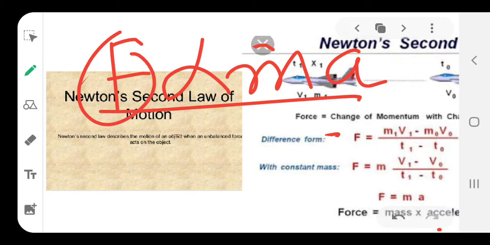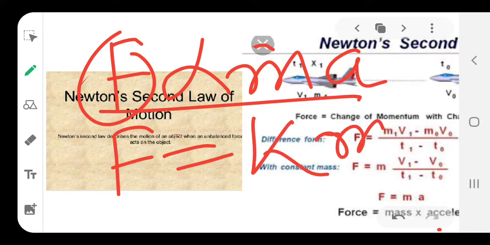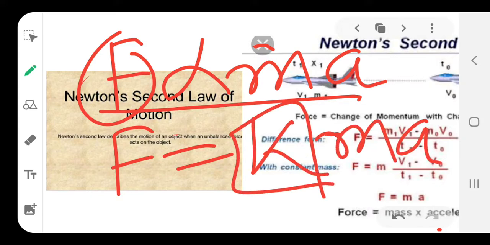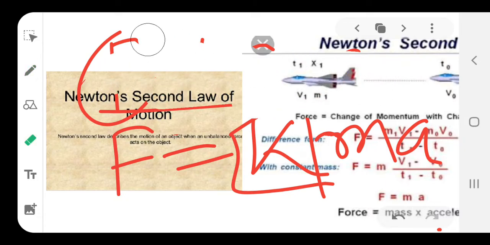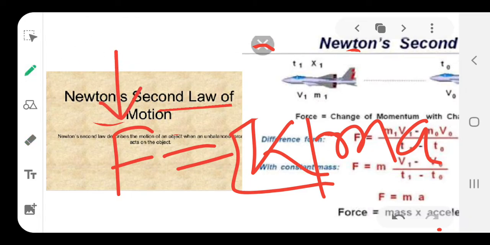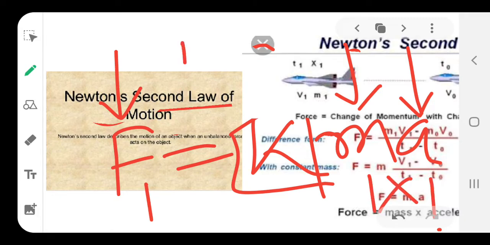We can also write this as force equals kma, where k is the constant of proportionality. If the force produced is 1 unit, the mass of the body is 1 unit and the acceleration is 1 unit, then by putting these values at the respective locations, you can get the value of k. So, k equals 1.